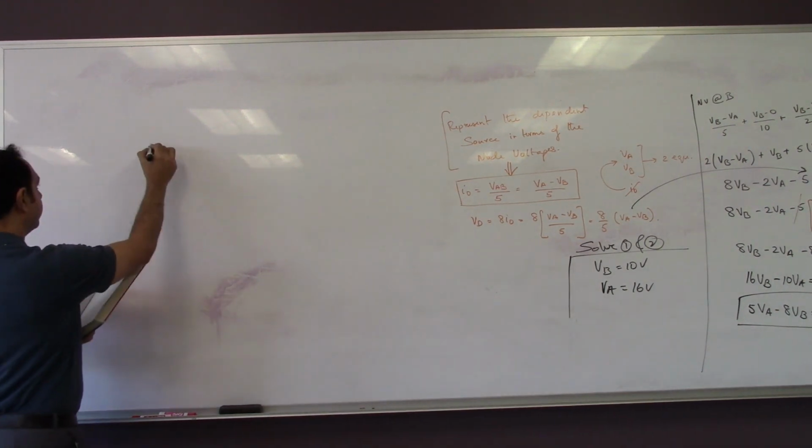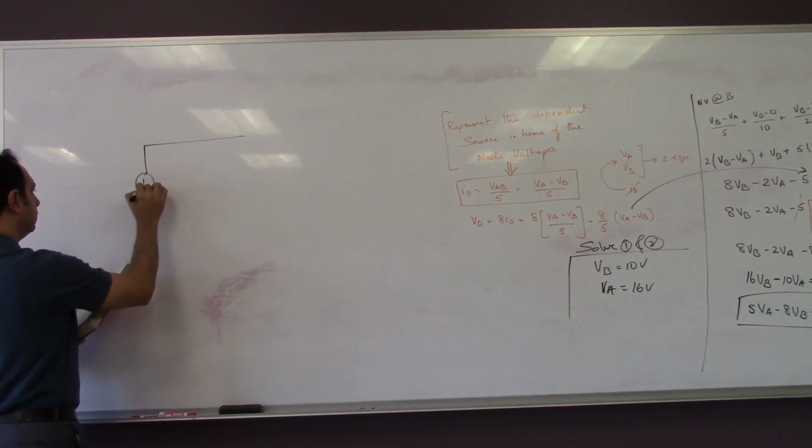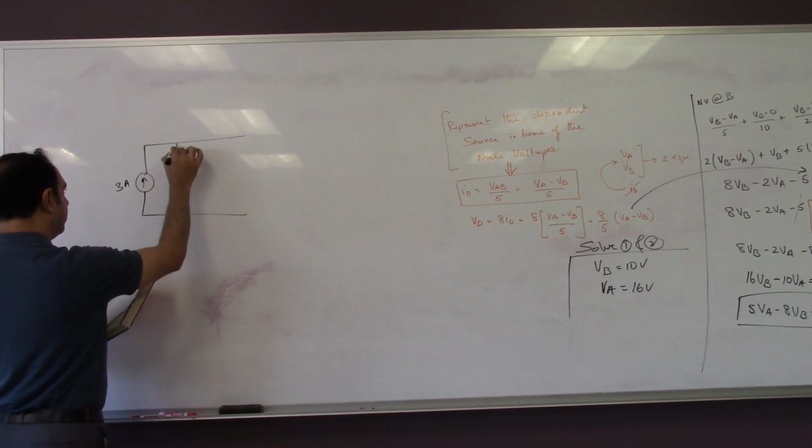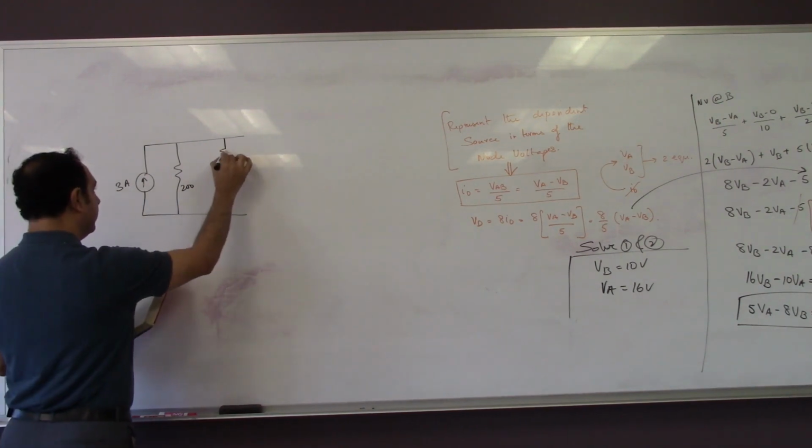Okay. So here you have a current source, which is 3 amps, followed by a parallel resistance, which is 200 ohms, and then you have a 10 ohm resistor.